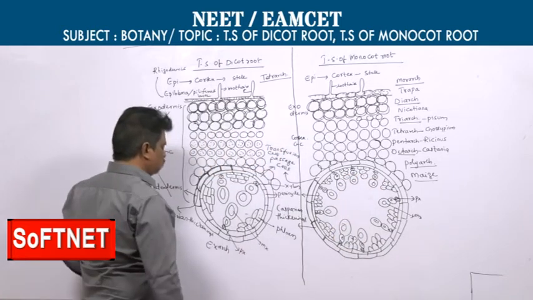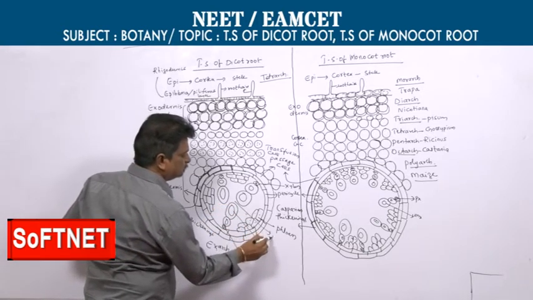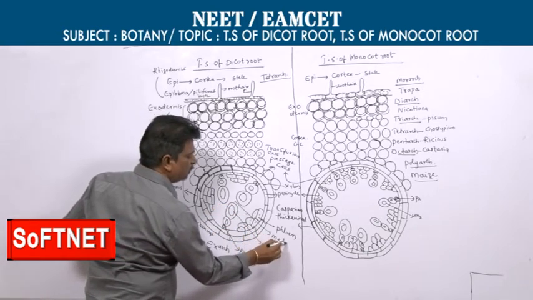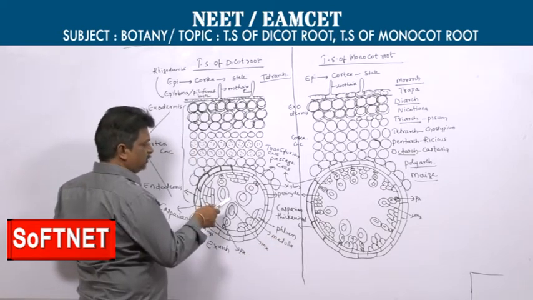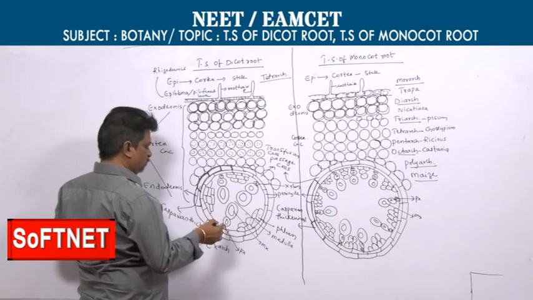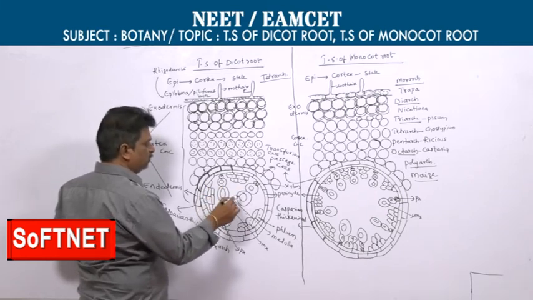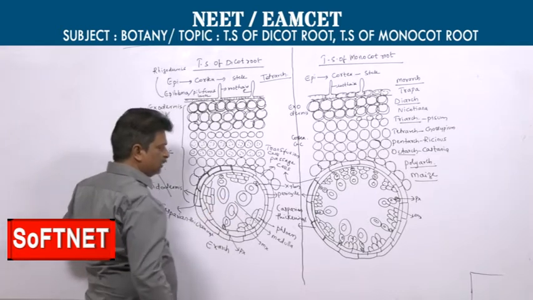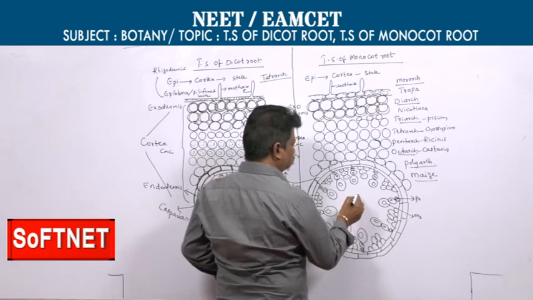In dicot root, medulla is reduced or scanty because during xylem differentiation, this medulla reaches the center.